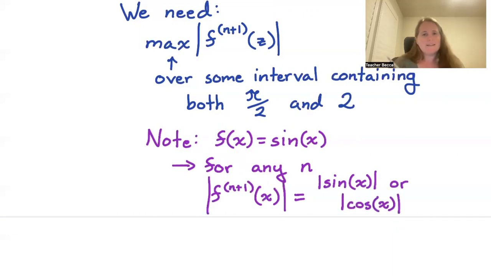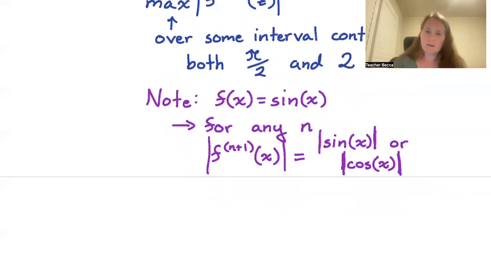The derivatives cycle through sine and cosine with some positives and negatives involved. But if we take absolute value, we can ignore those signs. We know even over any interval, sine and cosine absolute value are both bounded by 1.